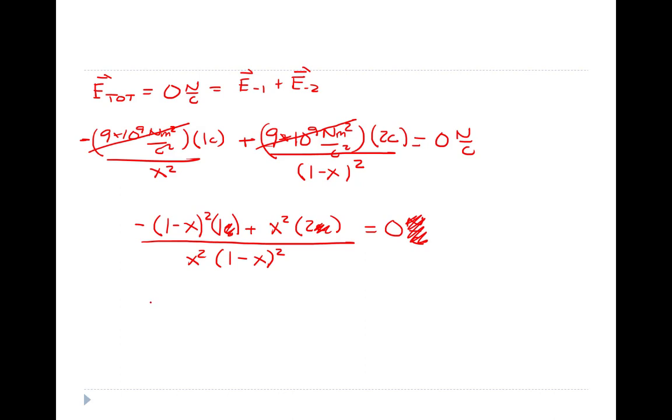Okay, so minus (1 minus x), the quantity squared, times 1, doesn't do anything, so I'm not going to write it, plus 2x squared must equal 0 in order for this statement to be true.